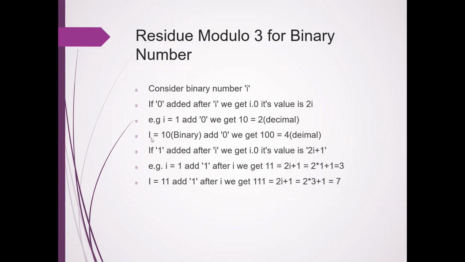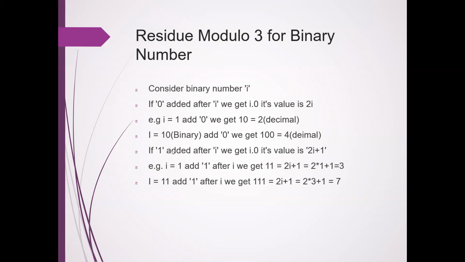Similarly, if we have binary number 10, its decimal equivalent is 2. When you add 0 to it, you will get 100, and that is equal to 4 in decimal equivalent. So you can see that if you add 0 to the binary number, its value becomes double.